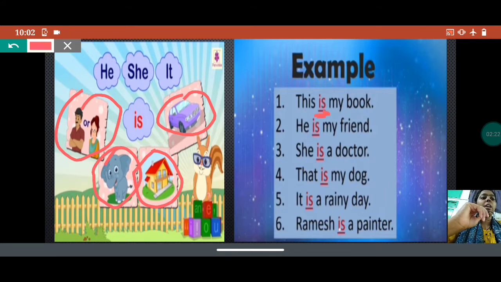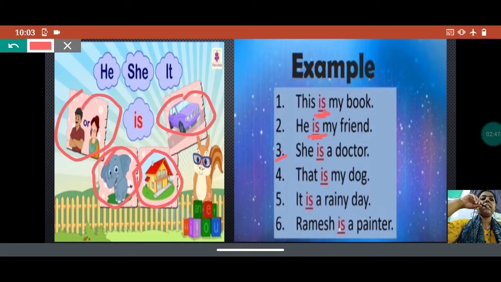That means we are talking about only one book. He is my friend. I have already taught that he is used for a singular male person. So whenever a singular person, place, animal or thing comes, we will always use is. So he is my friend.